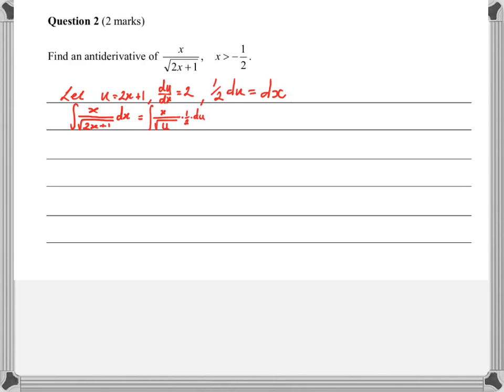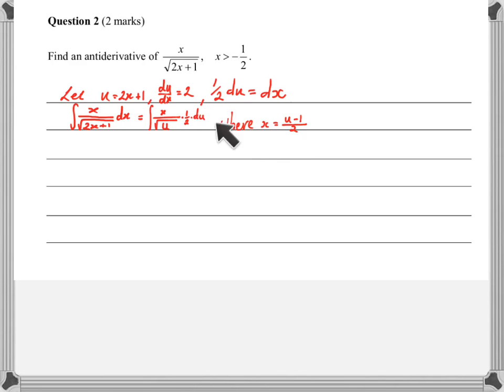Now, you can't have an x in there and integrate with respect to u because there's a relationship between x and u. Okay, you can't treat x as a constant either. x is not a constant, x is a variable. So the integrand has to be completely in terms of u before we proceed. So how do we do that?